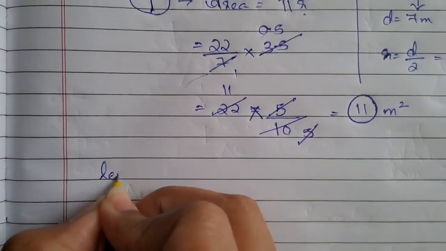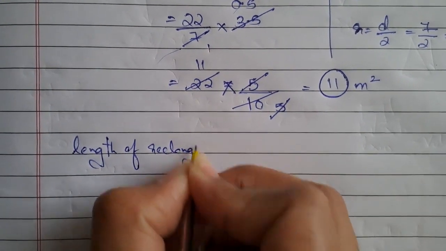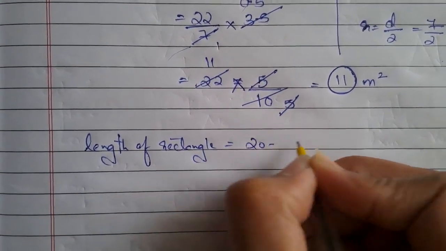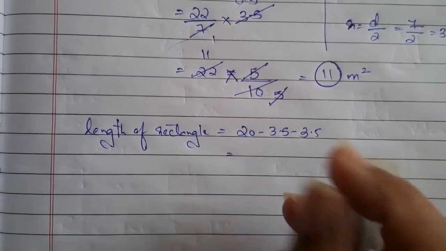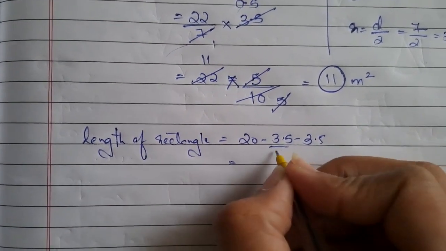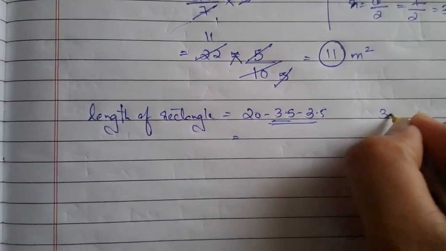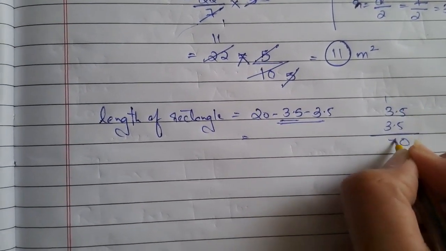So the length of the rectangle is equal to 20 minus 3.5 minus 3.5 from two sides. 20 minus 3 will be 17, and 16.5 it will become. Or else you can add these two together: 3.5 and 3.5 sum up to 7.